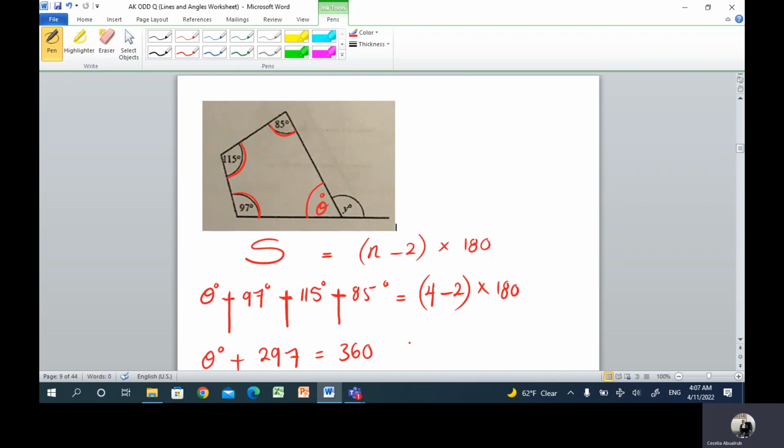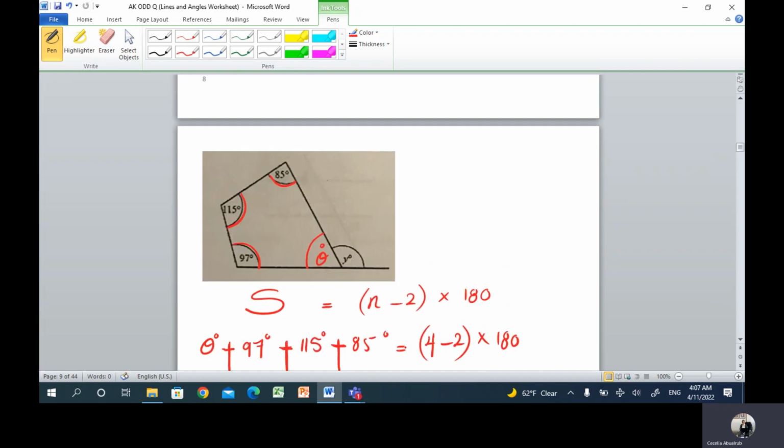So if we found theta as 63, then theta plus y add up to 180. Why? Because angles on a straight line add up to 180 degrees.